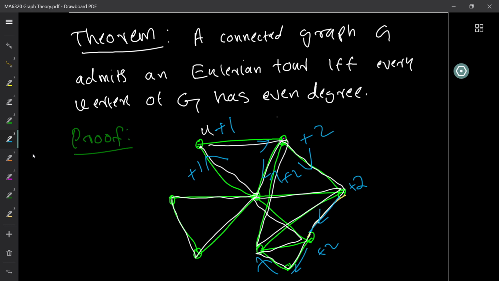So that is +1 plus +1, which is +2 again. This means that the contribution of the tour to the degree of each vertex is going to be a multiple of 2, which is an even number. Therefore, every vertex must have even degree. This is clear.